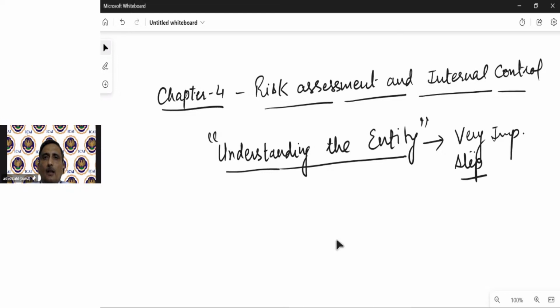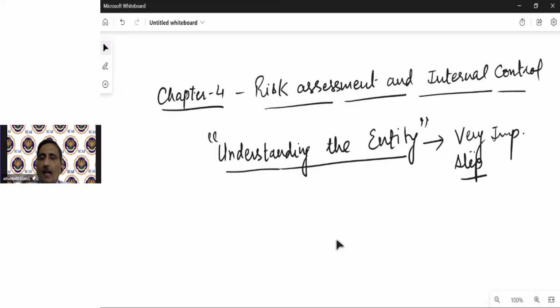So, students, we are into the second part of this chapter, that is risk assessment and internal control. We had done the portion relating to audit risk and its components in our last lecture.